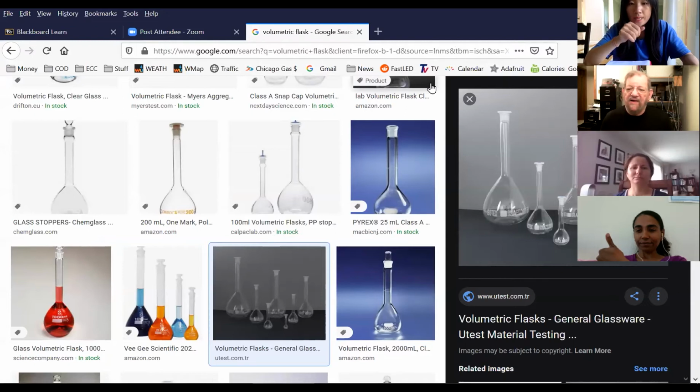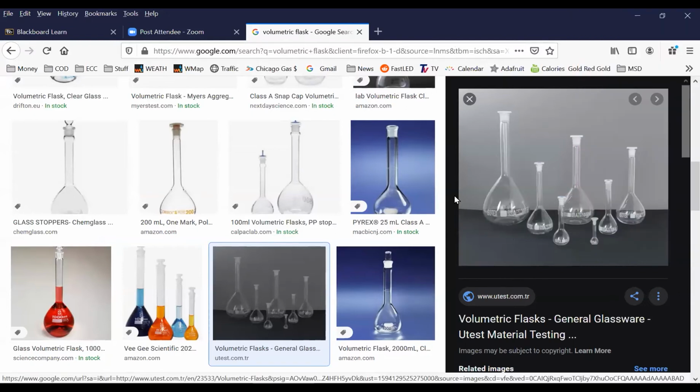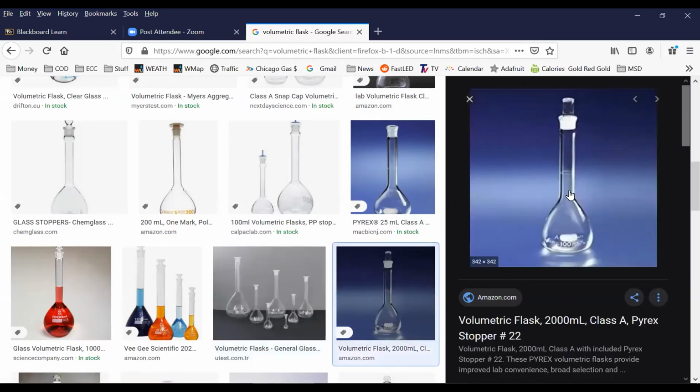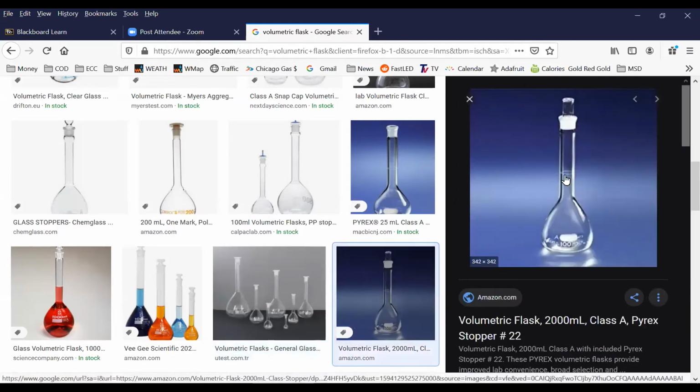All right, good. These are called volumetric flasks, and they usually are in multiples of 5 or 10, like 1 mil, 5 mils, 10, 250, 500. I think I might have seen a 750, 1,000, 2,000 is the largest I've seen. If you notice here, they have little tiny ones that are oh so cute and bigger ones like this one. If you look at a volumetric flask, see the line right there?